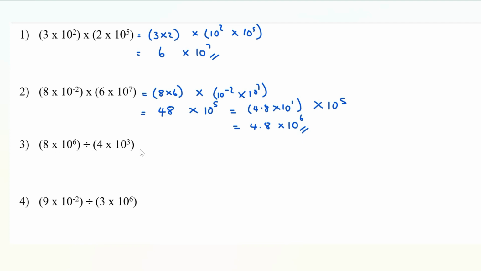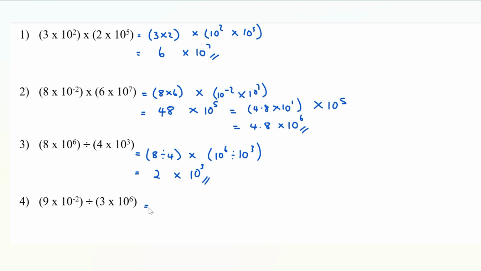For question 3, we are dividing. So same procedure, just dividing this time. Two multiplied by 10 to the power of 3. This is between 1 and 10, so that's our final answer.